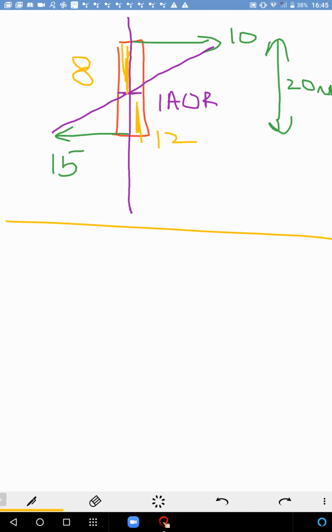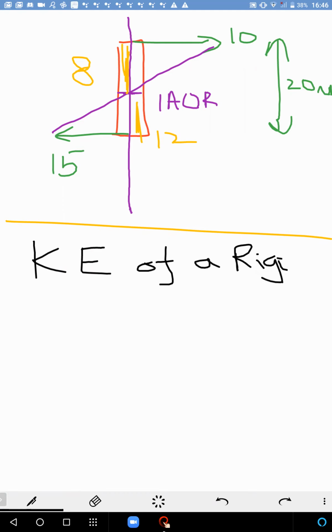I think more important than all of that is understanding what place does this particular axis have in your formula. So one very important thing, kinetic energy of a rigid body. Okay, kinetic energy of a rigid body, irrespective of what it is doing, not breaking this into any cases.